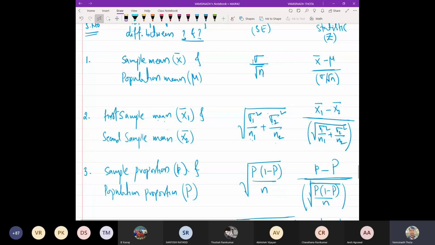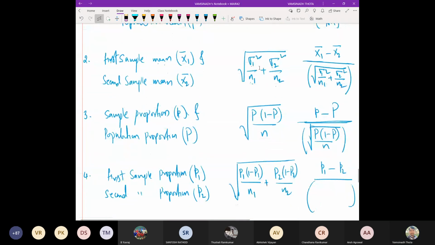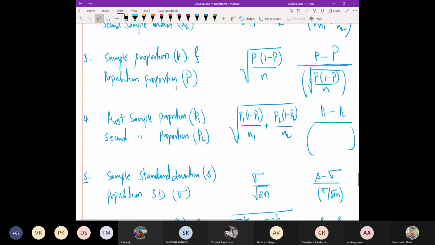For example, here sigma is the population standard deviation. That may not be known to us. We may be knowing only the population mean, but if you do not know the population standard deviation, what we have to do? Similarly, if the population proportion is not known, in that case, what we have to do?